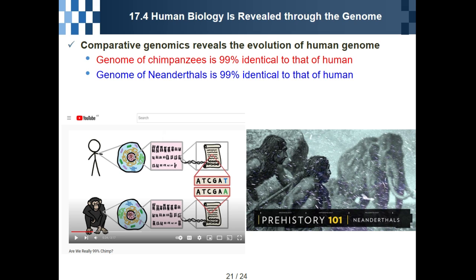Before sequencing, we didn't know. We assumed that there would be a big difference between human and chimpanzee. But in the genome, only 1% is different.